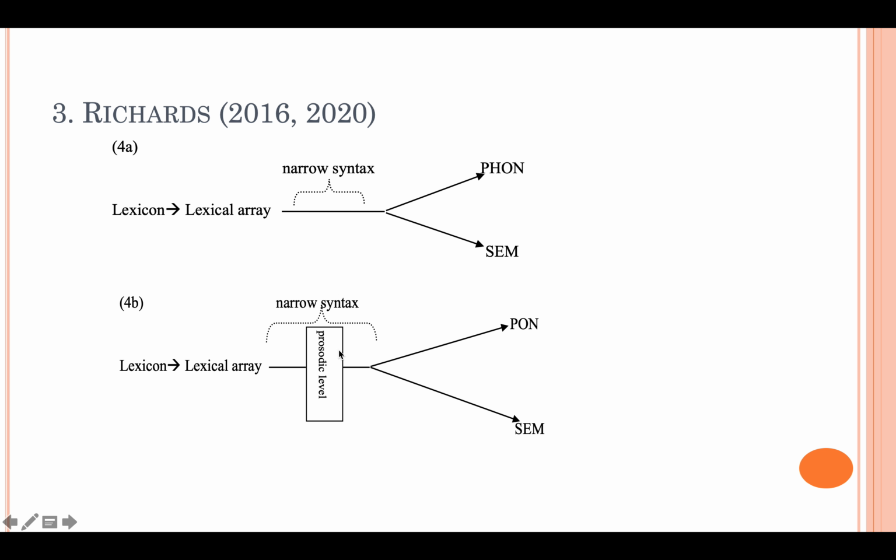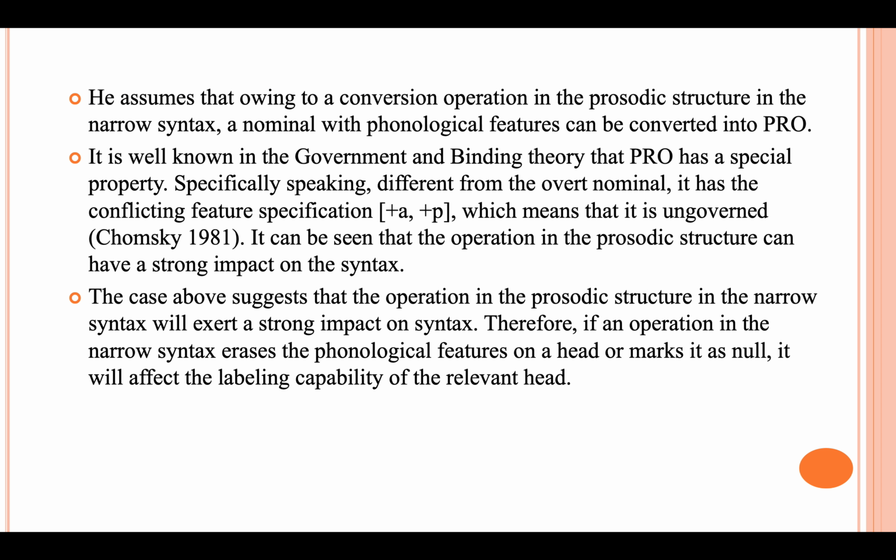In other words, some phonological structures are constructed in the narrow syntax, and there are also some operations in this kind of domain. And if the phonological features of a phrase are affected, its syntactic properties will also be changed.